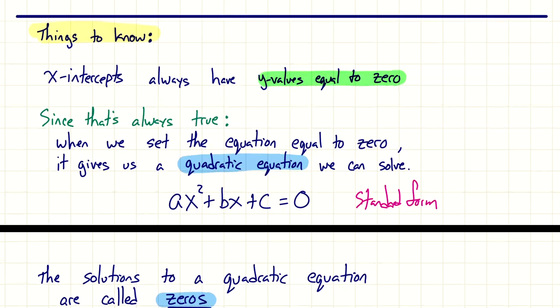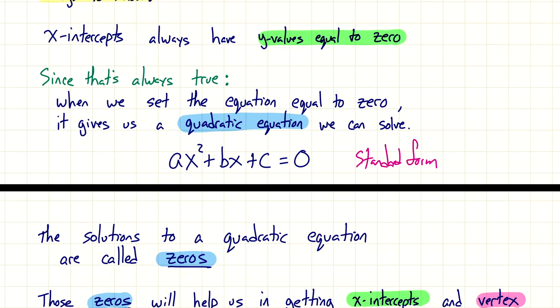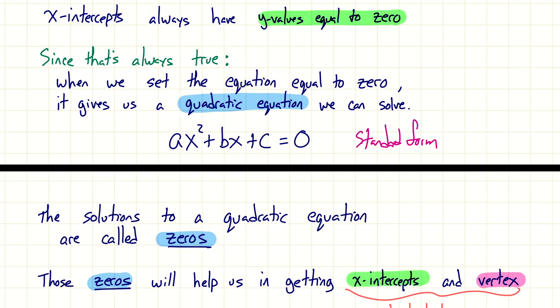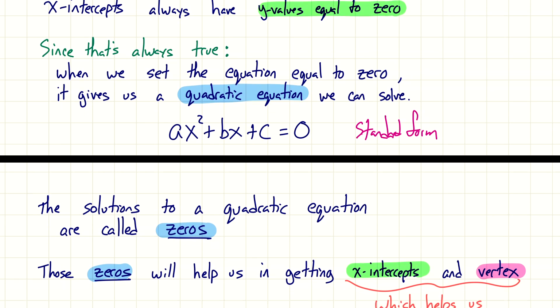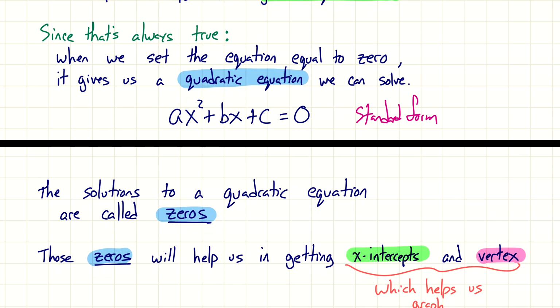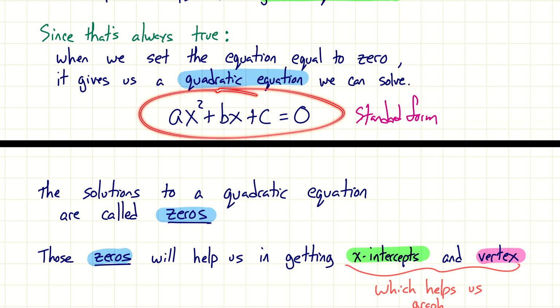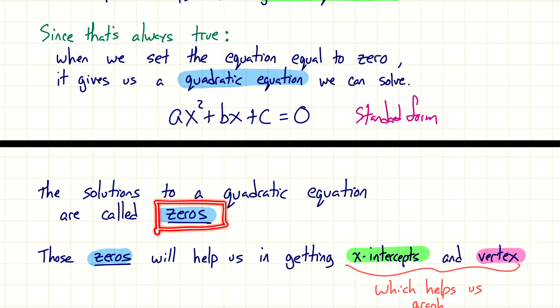Because this is familiar to us, we can start to use some tools that we've already been using. Another thing to note is that when we solve this equation for x, those solutions have a special name, and we call them zeros. The main reason is it ties into the fact that we're setting it equal to 0.